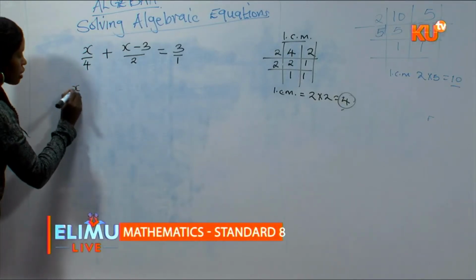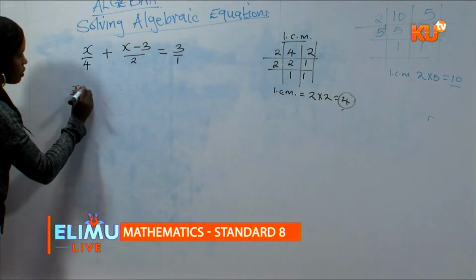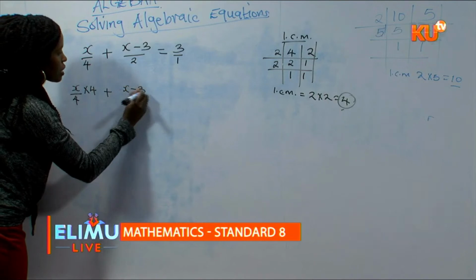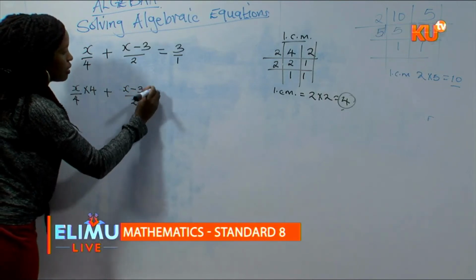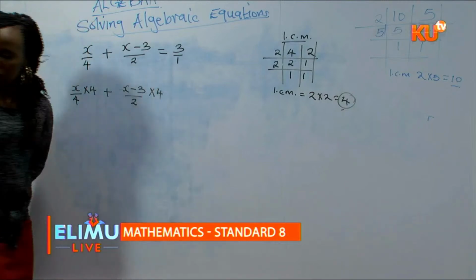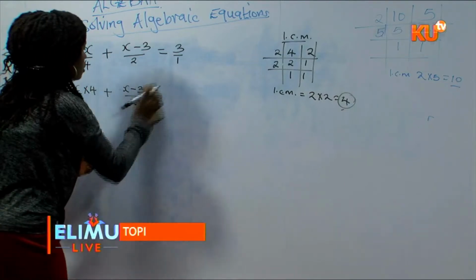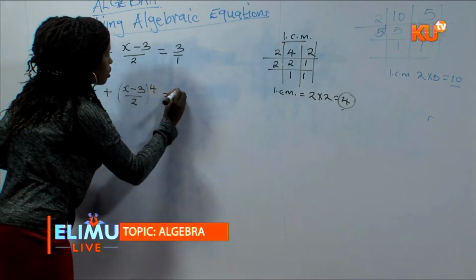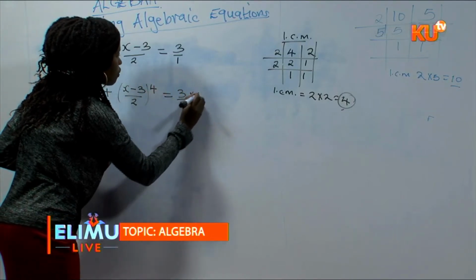So I'll take x over 4 times 4 plus x minus 3 over 2 times 4. Let's use a bracket here. Times 4 is equal to 3 over 1 times 4.